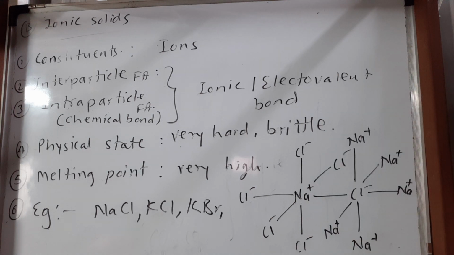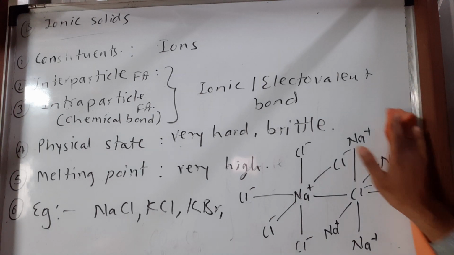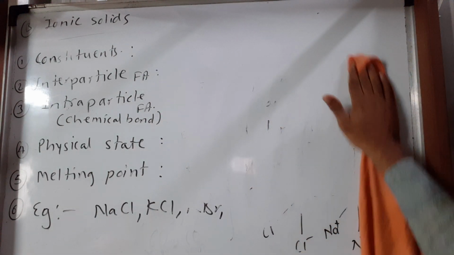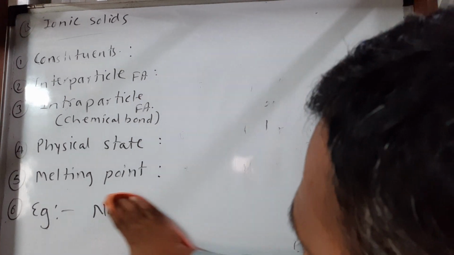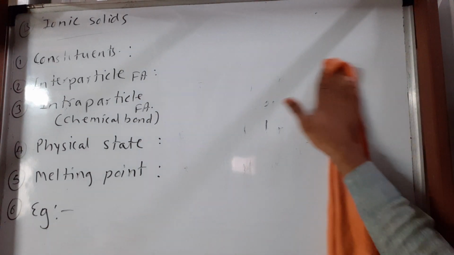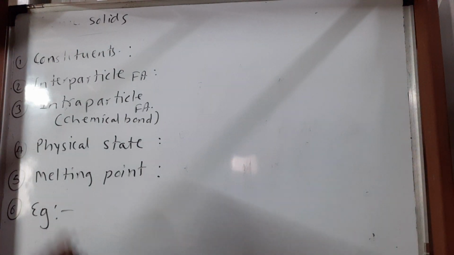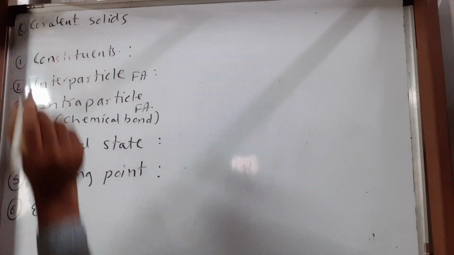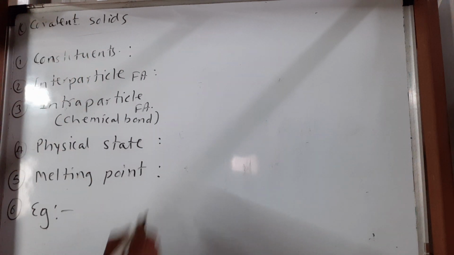Next one is, after the ionic solids, the next type of solids are covalent solids. The third type of solids are the covalent solids. What are the constituents of the covalent solids?